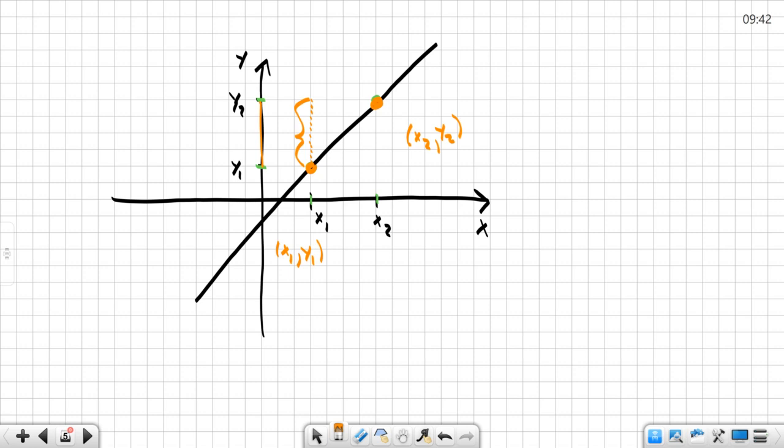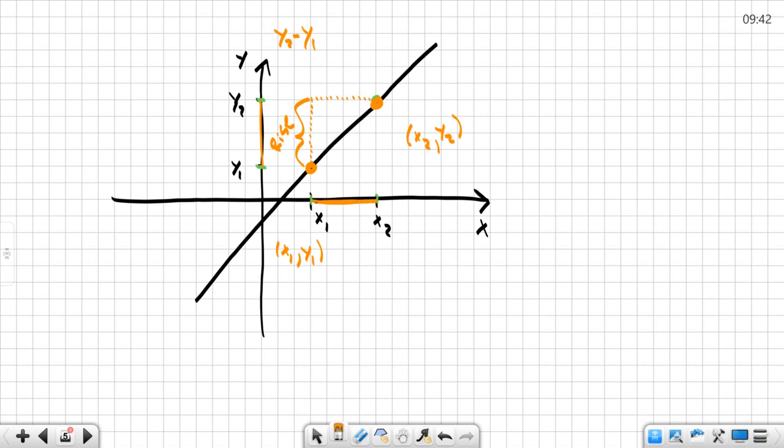This distance right here is the long piece minus the short piece. So in other words, y2 minus y1, which we also call sometimes rise.